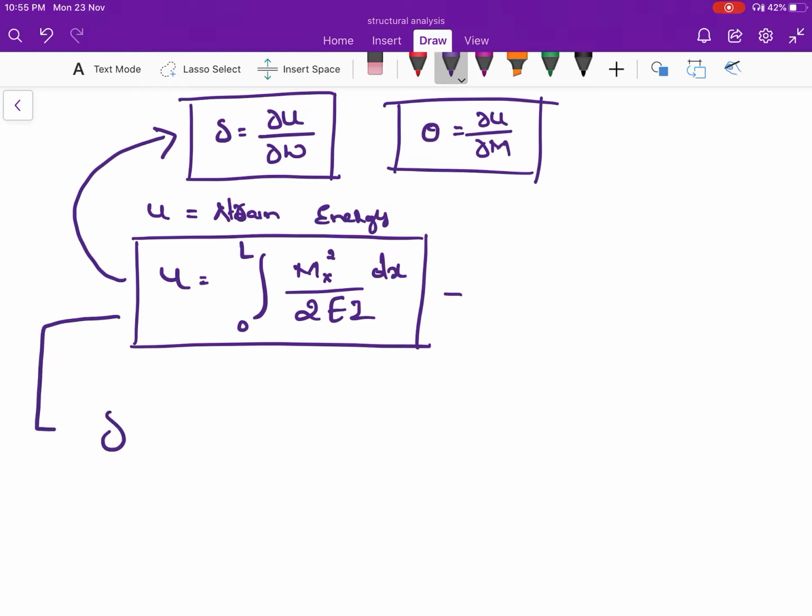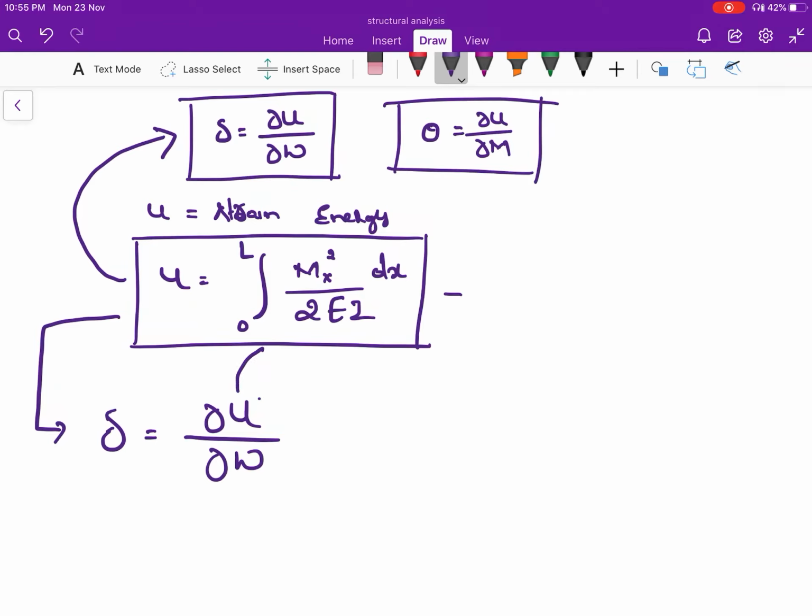I am just making an alteration of this one. What is the deflection? Deflection delta is nothing but dou U by dou W. What is the value of U? Value of U is M square dx by 2EI.